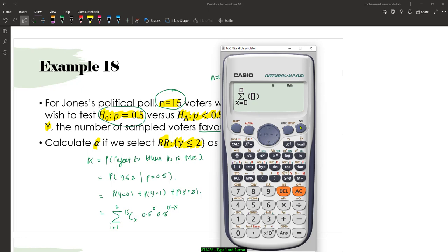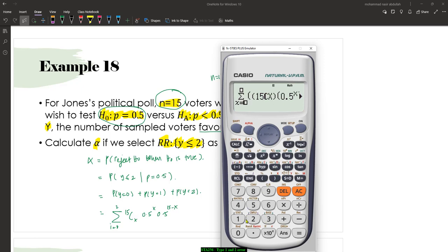So this one should be from 15 choose x, right, untuk kurungan, 0.5 power of x, and then the one is 0.5 power of 15 minus x.